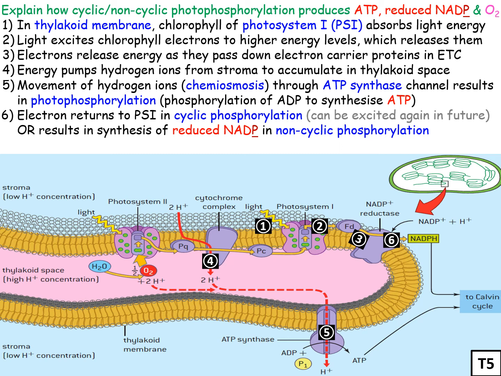So NADP becomes reduced, and this is non-cyclic phosphorylation. So that electron is not available again in the future to be excited. The reduced NADP and the ATP that is produced are both then used in the Calvin cycle.